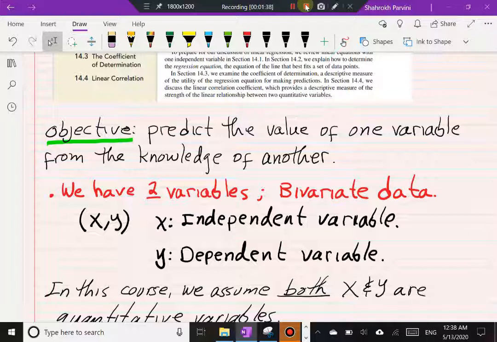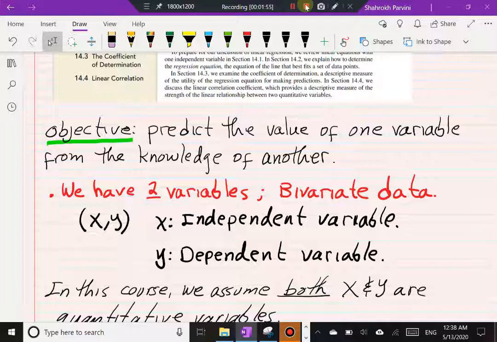So here I have listed the things that are on our agenda. First, let's begin with the objective. Once again, our objective is to predict the value of one variable from that of another variable.